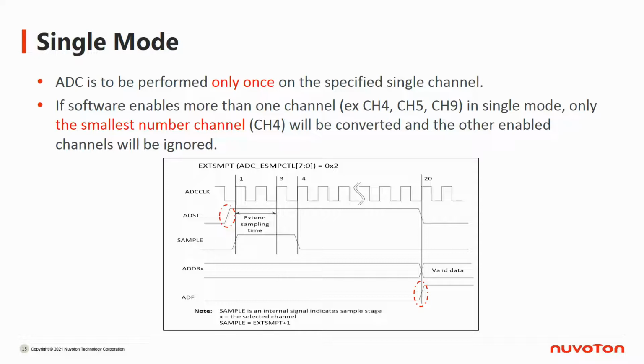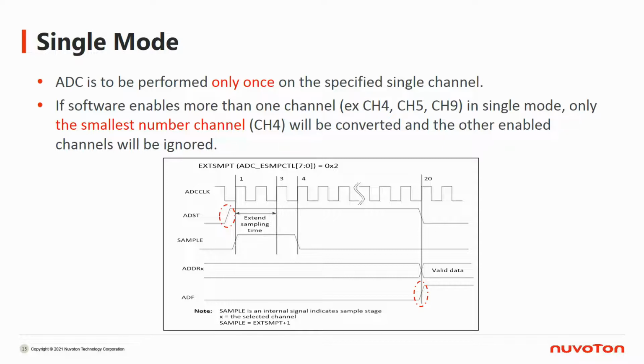We can see from below graph, when ADST is written to 1, it will trigger the sampling and conversion once. After the conversion is finished, the ADF bit will be set to 1. If interrupt is enabled, the ADC interrupt will be asserted. The ADST bit remains 1 during the conversion.